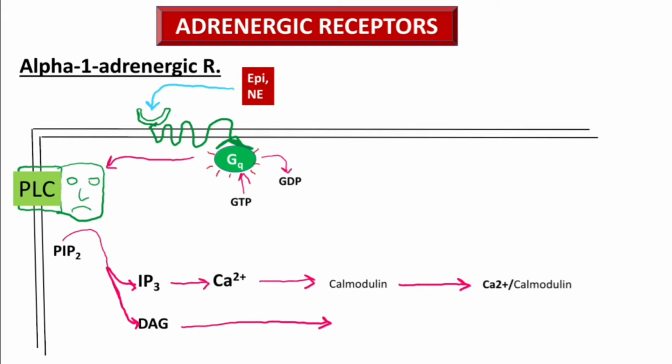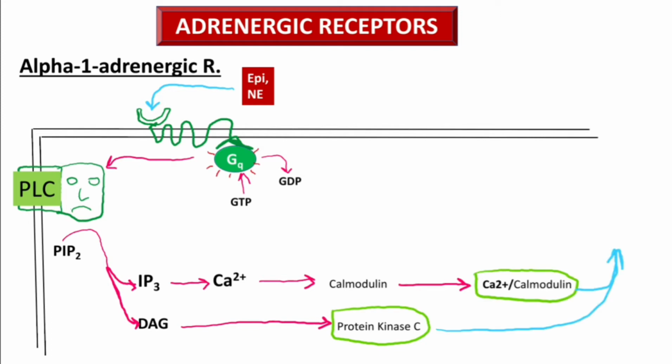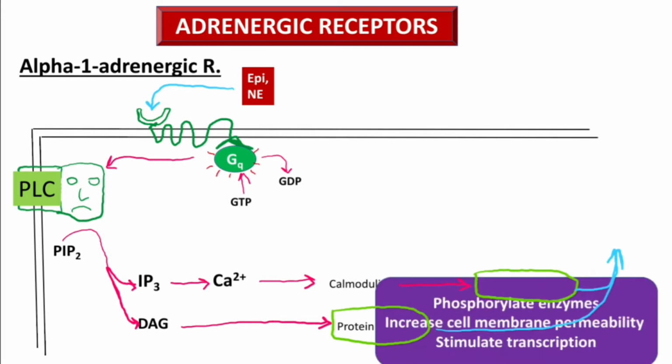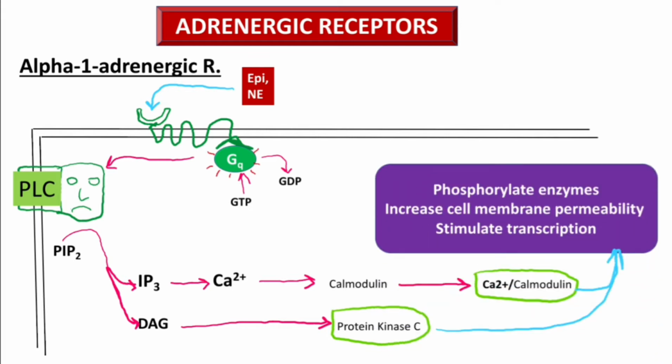DAG will activate protein kinase C. Protein kinase C and the calcium calmodulin complex have different effects at the molecular level. For example, they phosphorylate enzymes, they increase cell membrane permeability, and in the nucleus they can stimulate transcription.